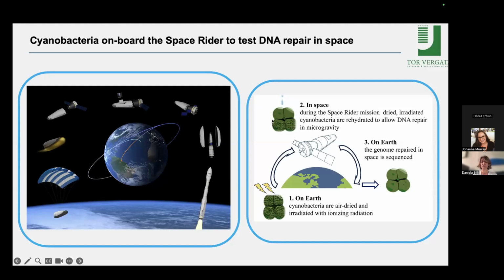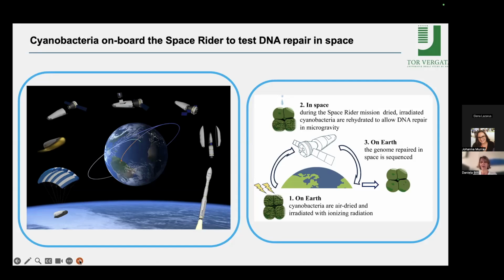So now we want to see the effect of microgravity and also the effect of space radiation while the cyanobacterium repairs induced DNA damage. Then the samples will be fixed and returned to Earth, and then we will do the genome sequencing to see how the absence of gravity will interfere with the capability to repair DNA.